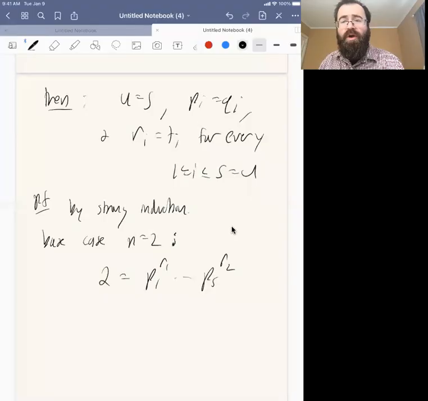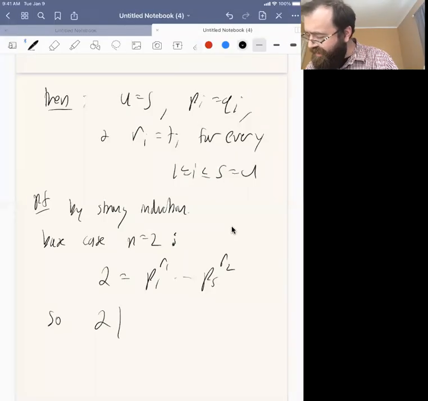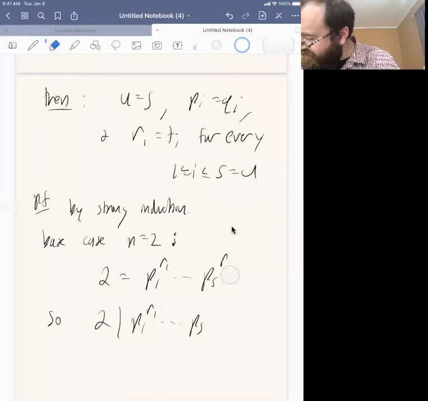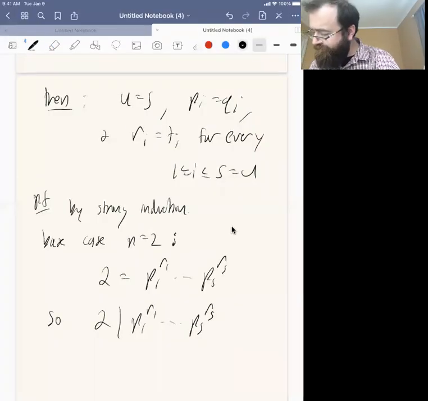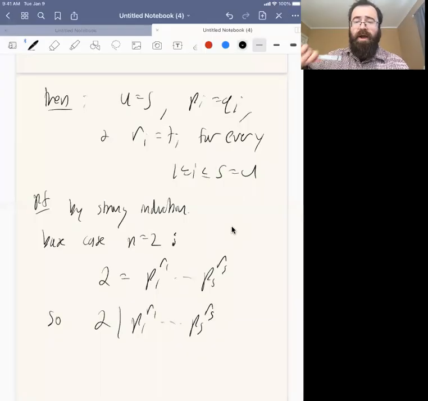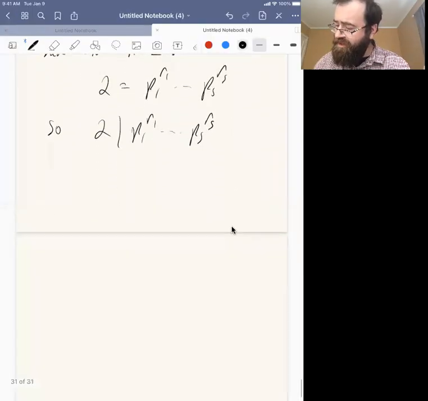And so 2 divides p1 to the r1 through ps to the rs. But now by our previous theorem, if you have a prime and it divides a product, it divides one of the members of the product. So it has to divide one of these prime powers.